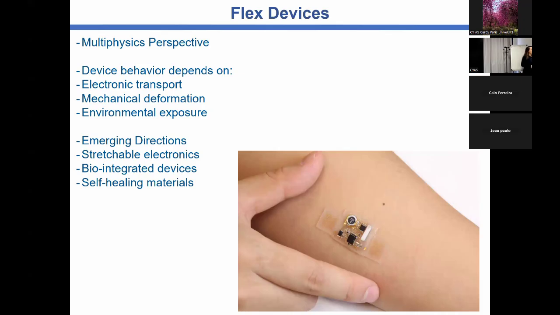But the application is quite clear and is quite important nowadays because of these health integrated systems, and also because of the application, for instance, is some architecture that needs low weight of devices.